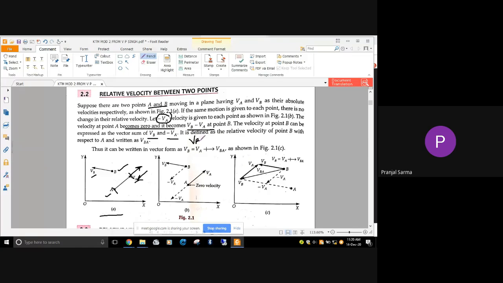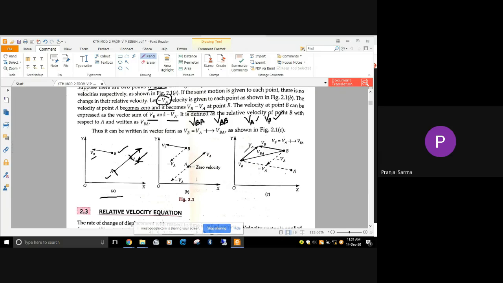So relative velocity of B with respect to A is written Pba, and Pab means relative velocity of A with respect to B. If we write Pa directly or Pb directly, we are talking about the absolute velocity of point A or point B.